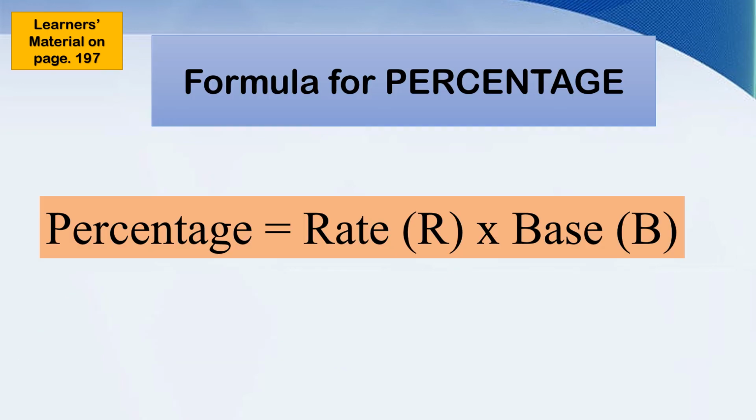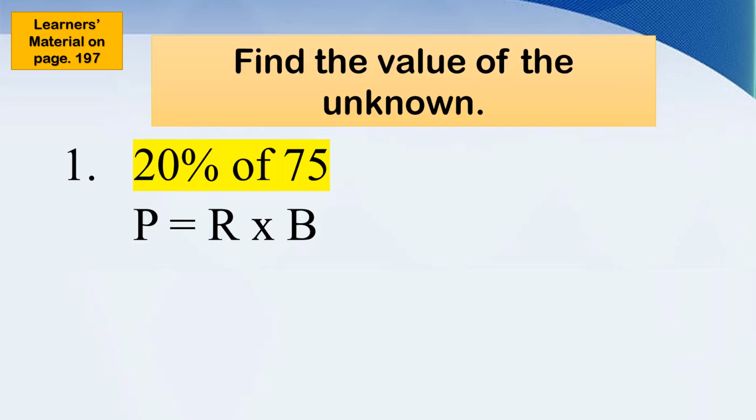The formula in finding the percentage is percentage equals rate times base. Let us substitute the given in the formula. P is equal to R times B. Our rate is 0.20.